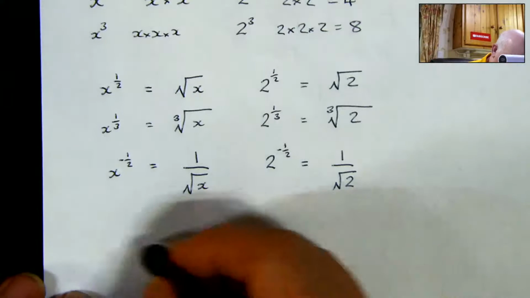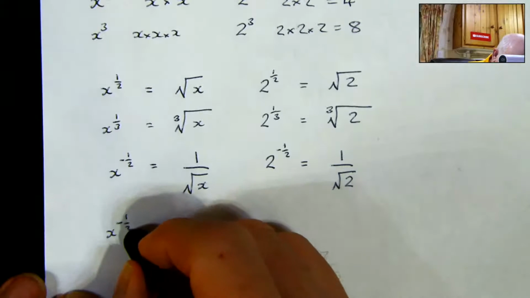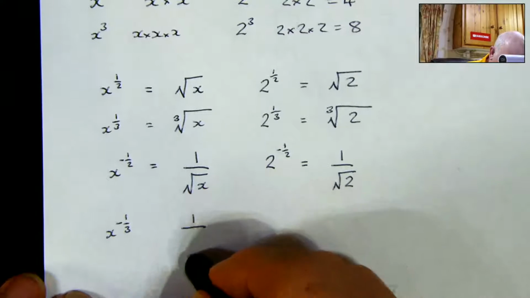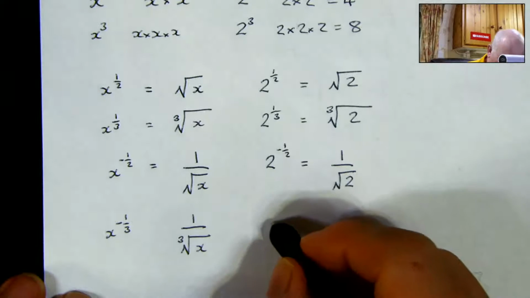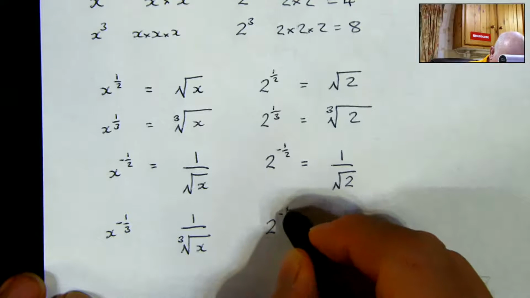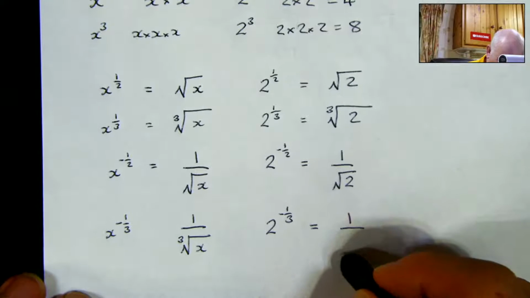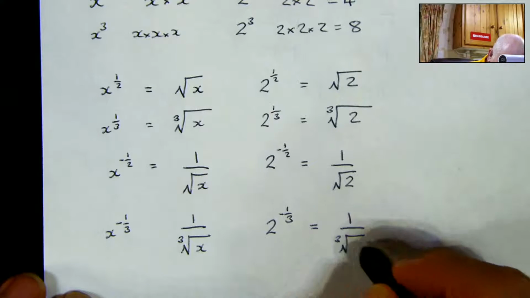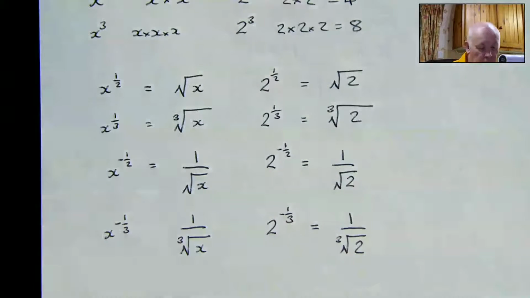And if we carried on that idea, x to the minus a third is going to be 1 over the cube root of x, and 2 to the minus a third will be, you've probably guessed it, 1 over the cube root of 2. So we've got lots of interesting relationships with these exponential functions.